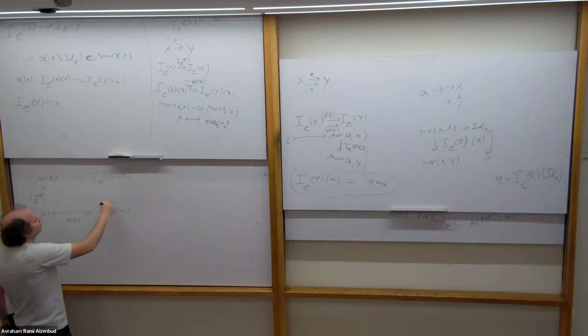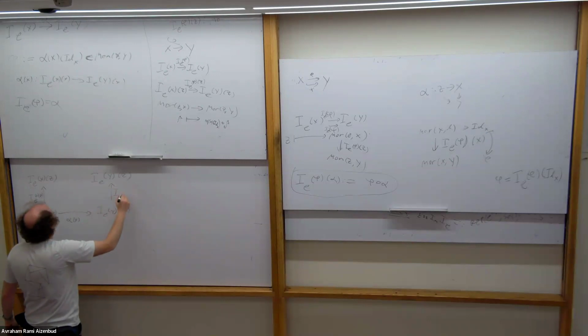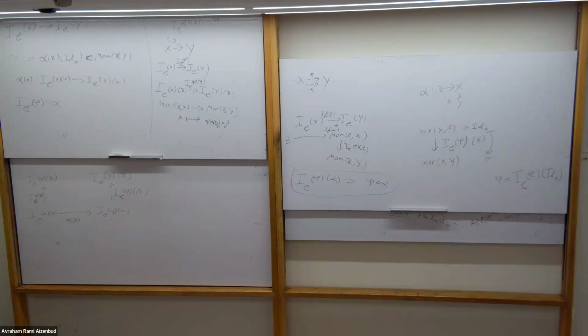And here what do we have? A map coming, so it's IC of Y of beta. And what do we have here? Alpha of Z. So the fact that alpha is a morphism of functors means that this diagram is commutative.